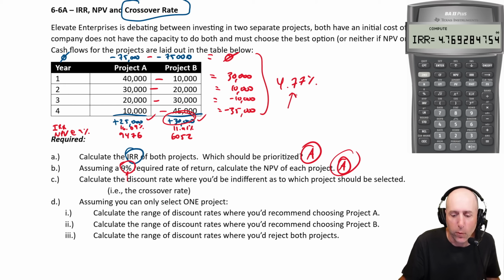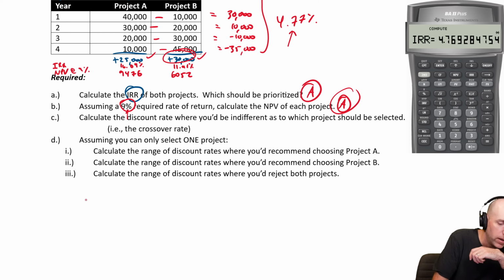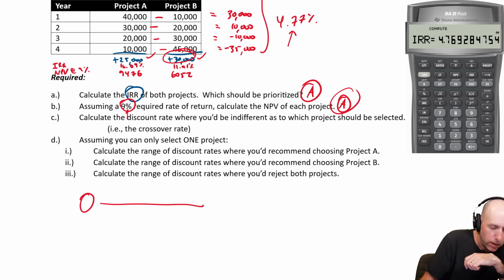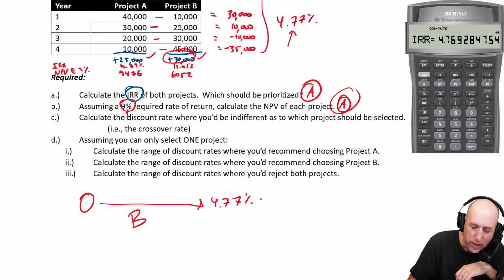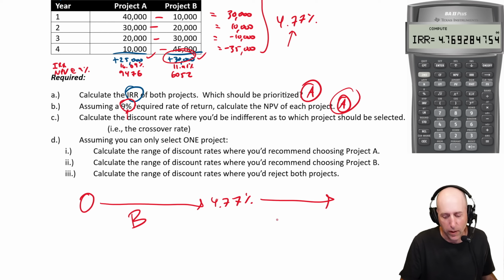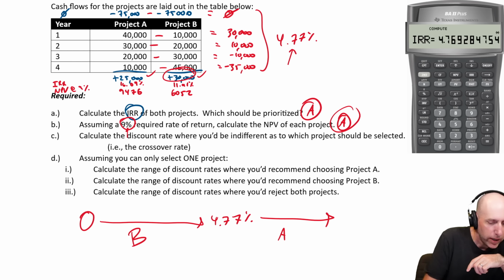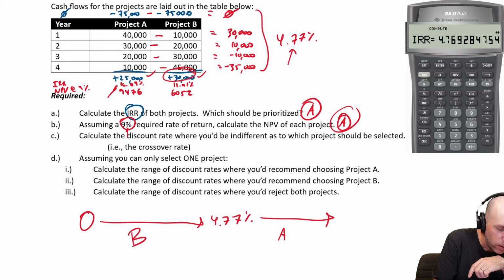The answer is at 4.77%. So if the discount rate was 0, all the way up to 4.77%, we like B. From 4.77% onwards, we like A, all the way up to the point where A goes to its IRR.